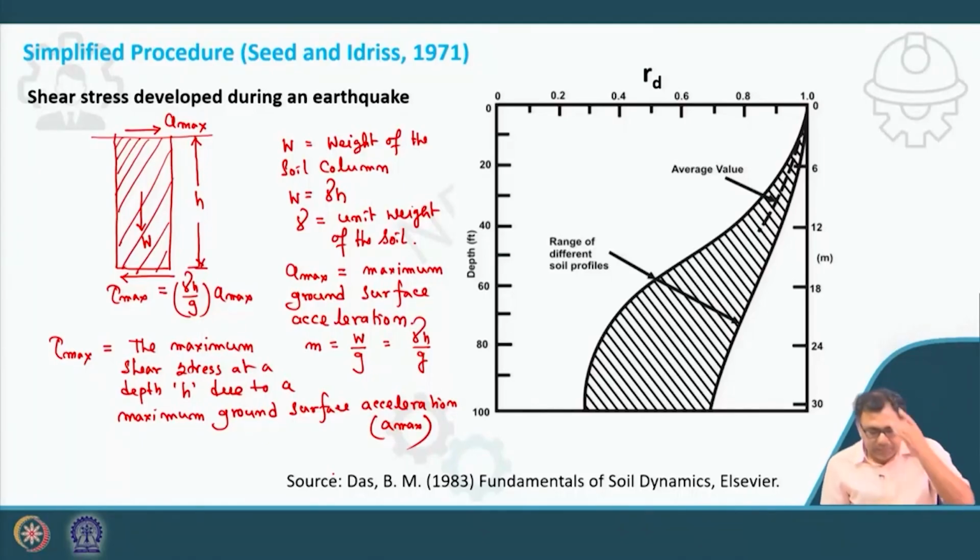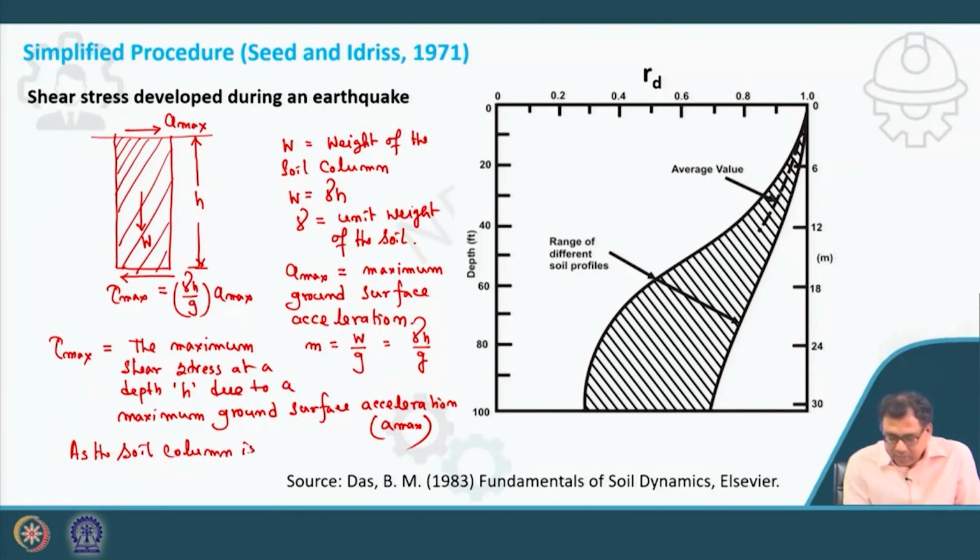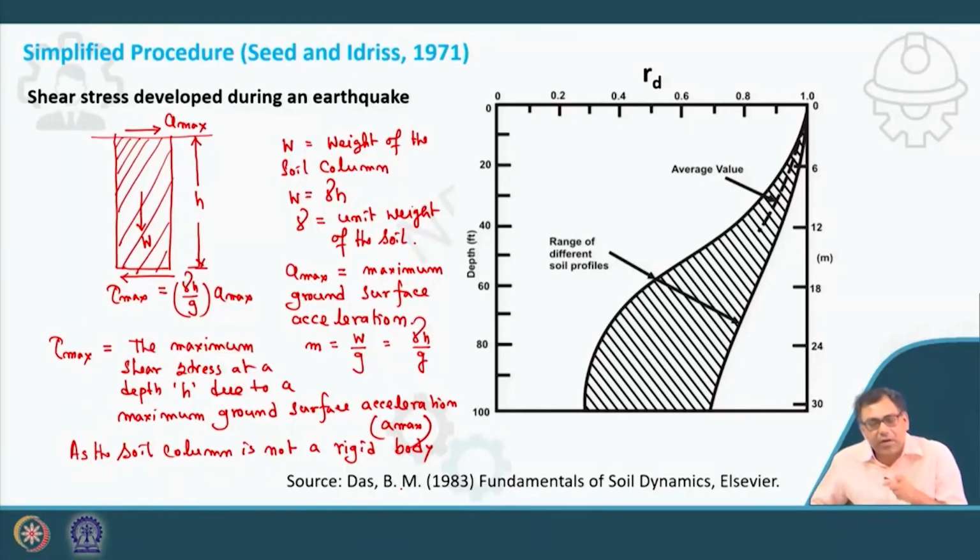Now, the way I am getting tau max, stress equal to mass into acceleration, is valid if the column is a rigid column, a rigid body. But soil is not a rigid body, so we cannot directly apply mass into acceleration.